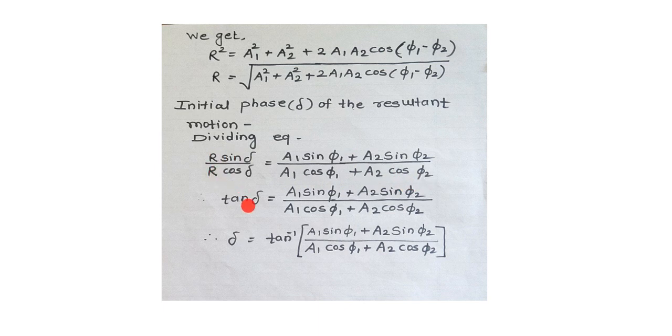We get tan delta, since sin upon cos is tan, equals (a1 sin phi 1 plus a2 sin phi 2) divided by (a1 cos phi 1 plus a2 cos phi 2). So delta equals tan inverse of (a1 sin phi 1 plus a2 sin phi 2) upon (a1 cos phi 1 plus a2 cos phi 2). This is the expression of the initial phase delta of the resultant motion.